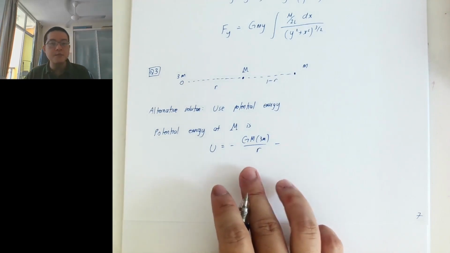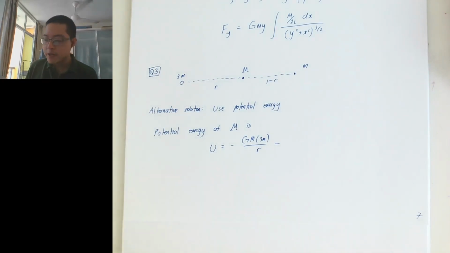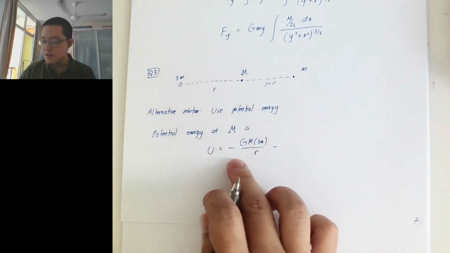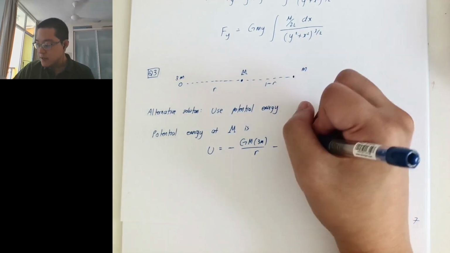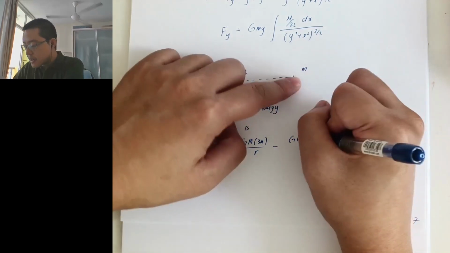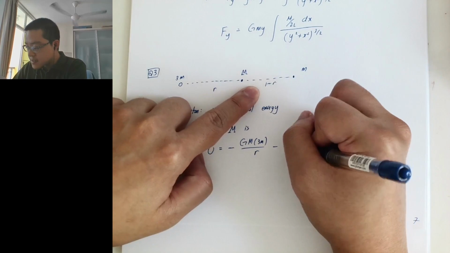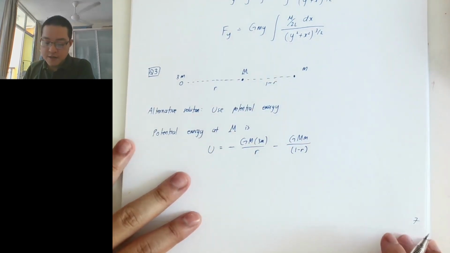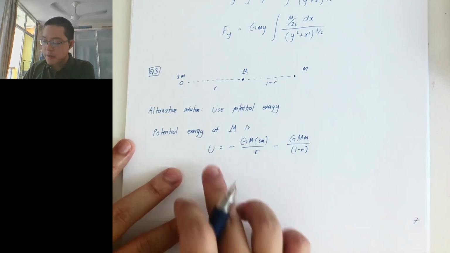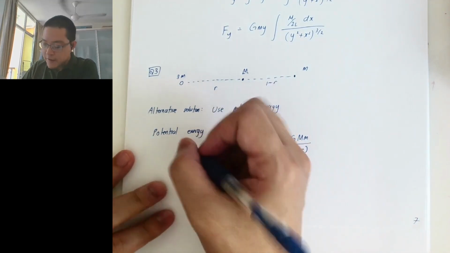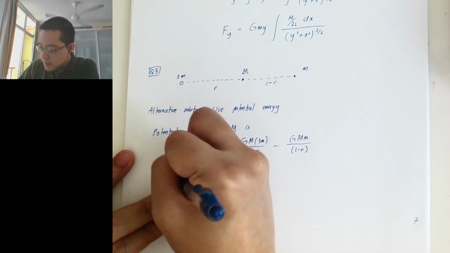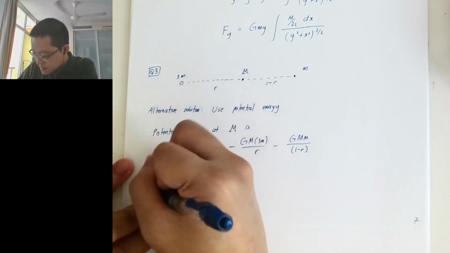So that's the good thing about potential energy. You don't need to worry about the direction, but the definition always includes the negative sign. So it's negative G m M over r, and negative G m times this other m over this distance 1 minus r. So this is my potential energy of the system. Okay, and then I want to find the equilibrium. Remember, equilibrium means zero force.